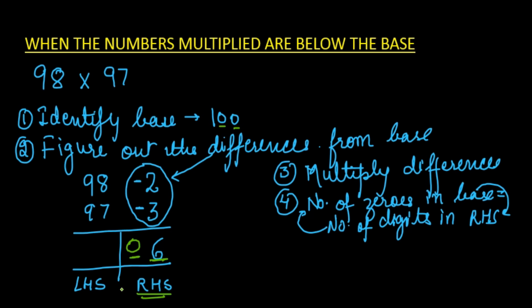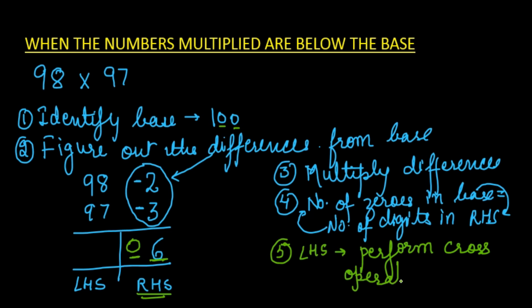Now our aim is to find the LHS. So how do we find the LHS? To find LHS, perform cross operation. What do you mean by cross operation? Let us see. You do either 98 minus 3 or you do 97 minus 2.